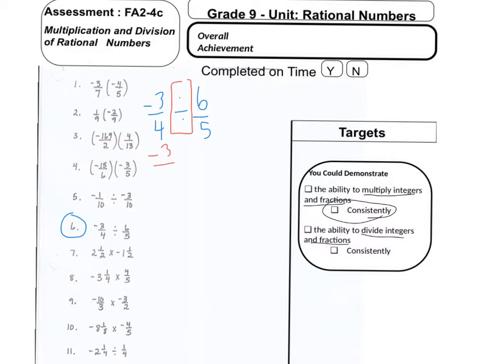So rewrite the first fraction, convert the division sign to multiplication, and then we're going to reciprocate this, which means we'll just flip it. And now we've converted our division statement to a multiplication statement. Now we can multiply the tops and we get negative 15. And we can multiply the bottoms to get positive 24.